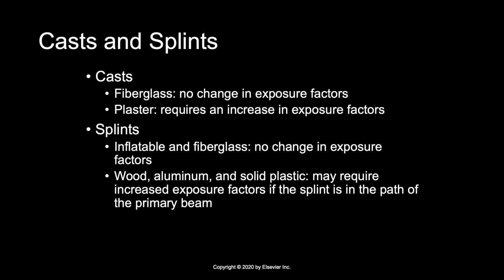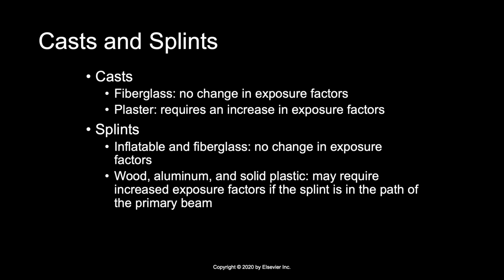Casts and splints can be produced with materials that attenuate X-rays differently. So selecting appropriate exposure factors can be challenging because of the wide variety of materials used for these devices. So we need to pay close attention to both the type of material that's used and how the cast or splint is used.